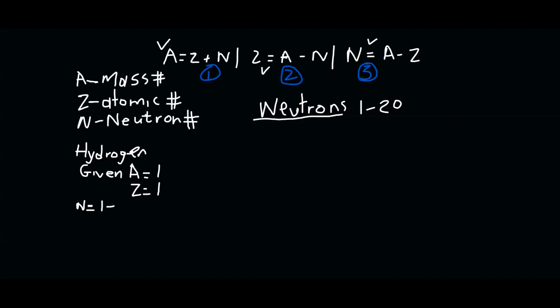So the formula is A minus Z. Therefore, it would be 1 minus 1. 1 minus 1 is what? 0. Right, so hydrogen doesn't have any neutrons. So N would be equal to 0.